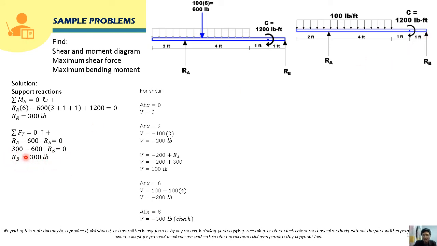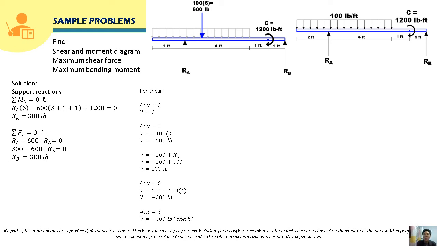So in this case, this is correct. We can say that our computation for shear is correct, since negative 300 plus the reaction of 300 is 0.